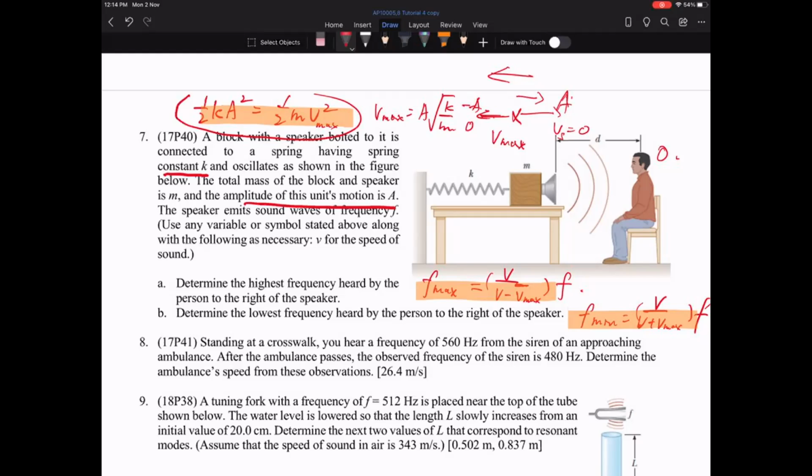So we have to recognize the physical situation. The box is oscillating. At the equilibrium point, it will be moving with maximum speed, either forward or backward. And at that point, we determine the maximum frequency of the sound because the speed of the source would be highest, either moving forward or backward.